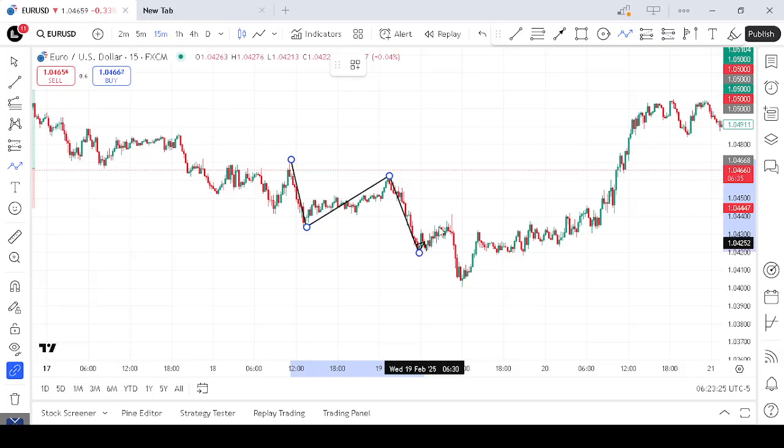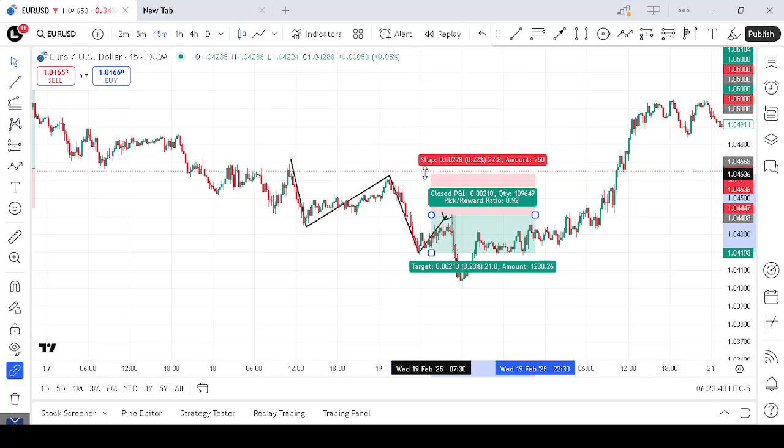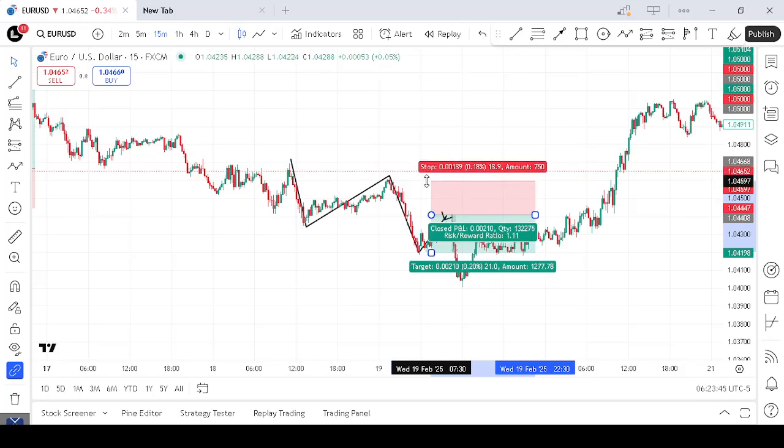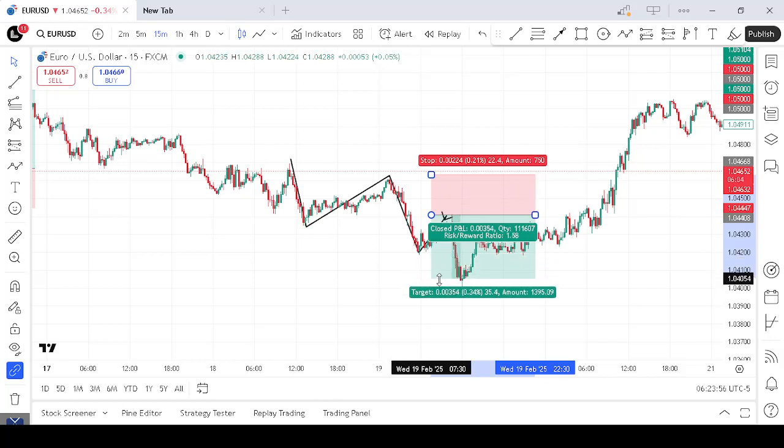Then there will be a little bit of a pullback. This is where you would enter your trade, at this particular area. In case of going bearish, we can take it somewhere around here, putting our stop loss slightly above the lower high. Then we target a 1:2 risk to reward ratio.